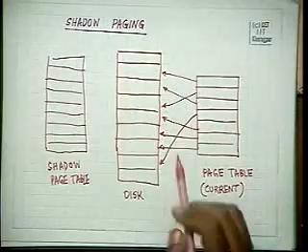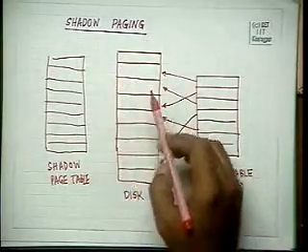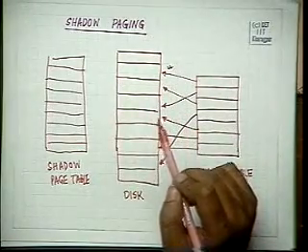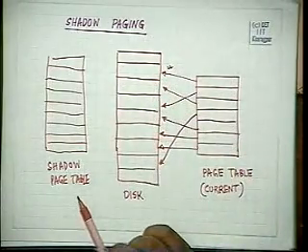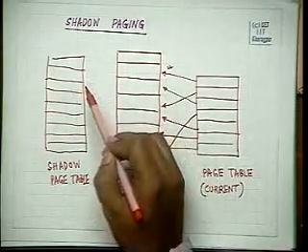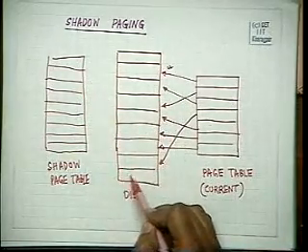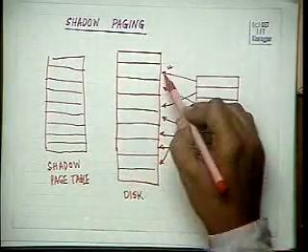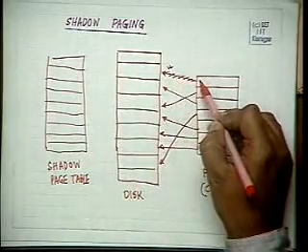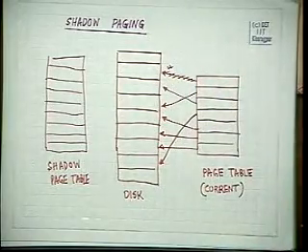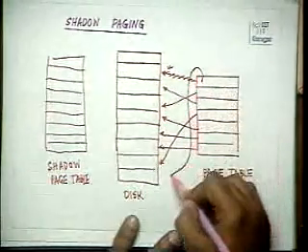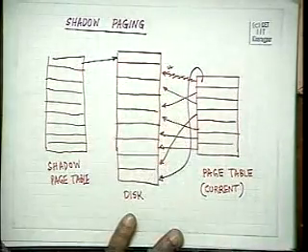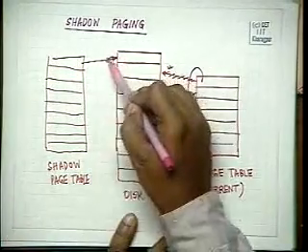Let us see initially what happens. Suppose this particular page is required to be input into memory. Whenever this page is required to be input into the memory, a new space is allocated, this page is copied here, and the current page table pointer is changed and put here, and the shadow page table pointer for this page is put here.